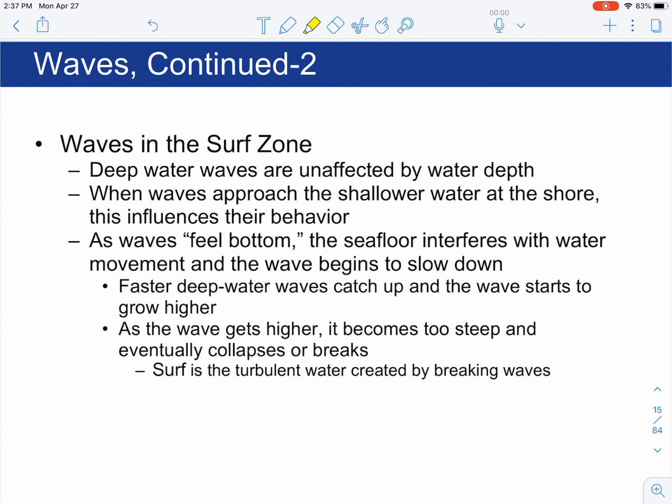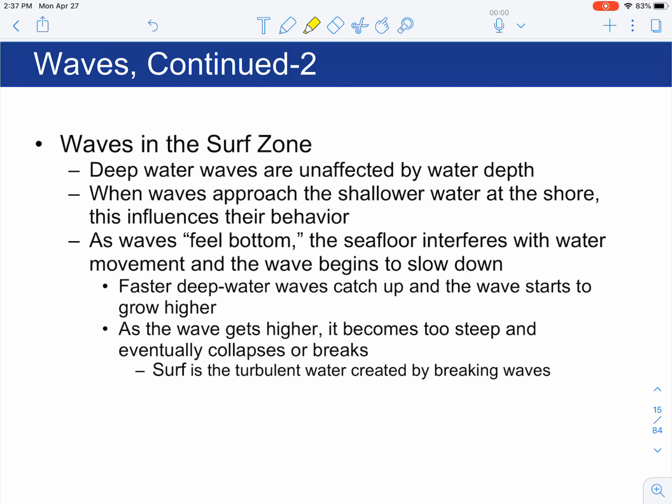The deep ocean is unaffected by waves, which makes sense if winds are primarily driving the waves on the surface. When waves approach shallower depths, that's when you start to see a change in the height of the wave, or amplitude. And that's because the trough of the wave actually gets caught on that shoreline that extends beyond the beach, right?